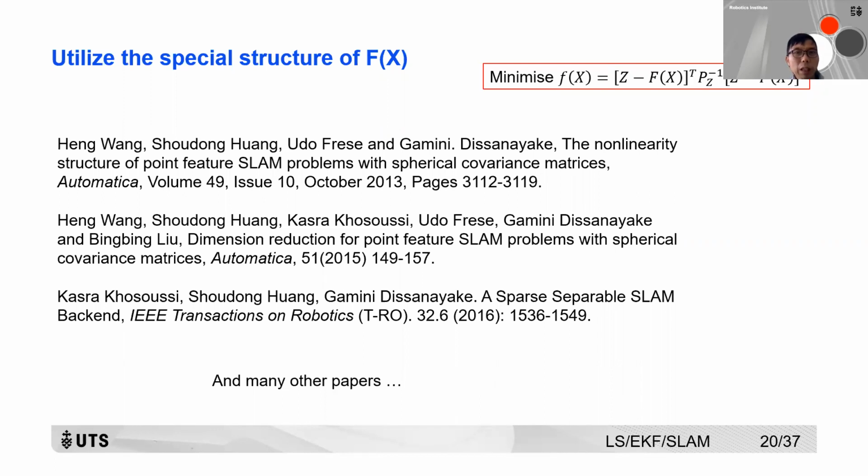Using this fact, we came up with different algorithms. One is from Kasra, also published in TRO, about the separable SLAM algorithm. So we use this special structure of the function f(x).